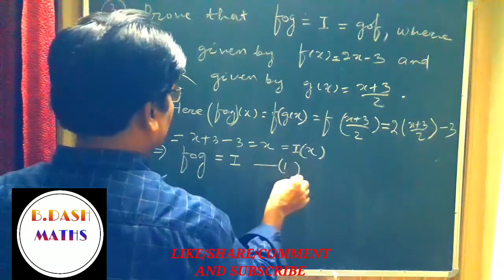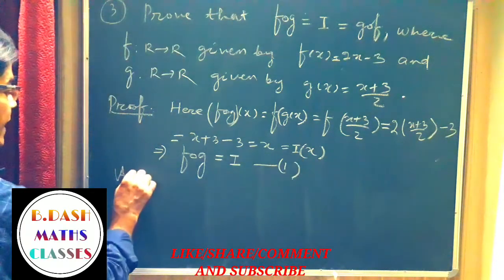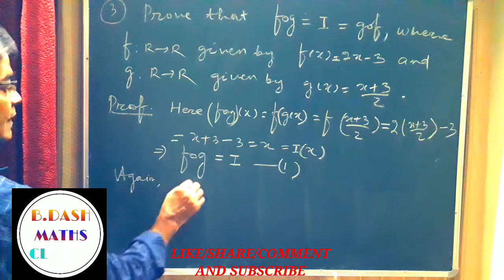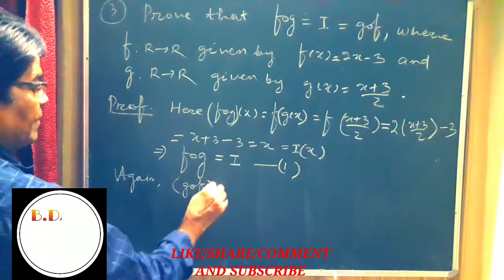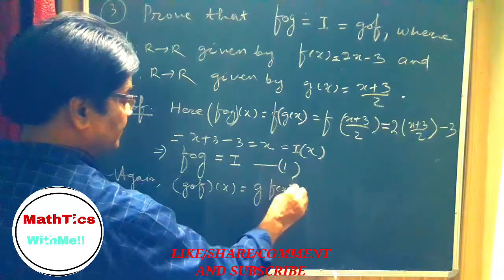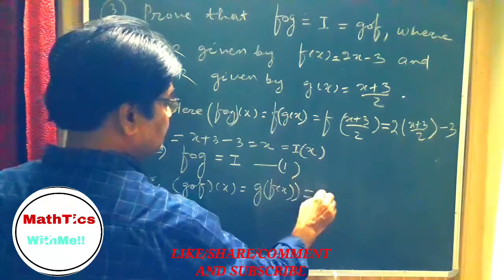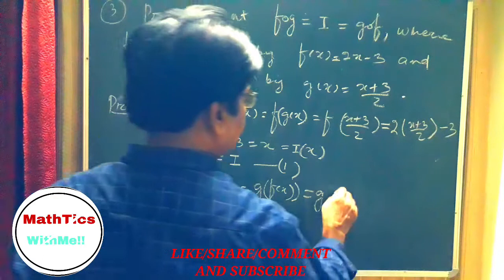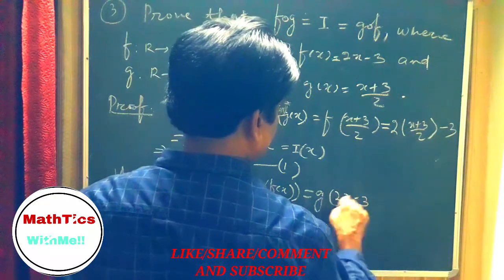So this implies the composite function f o g is equal to I. Equation 1. Now again, g o f of x. So this is g(f(x)). What is f(x) here? 2x − 3.